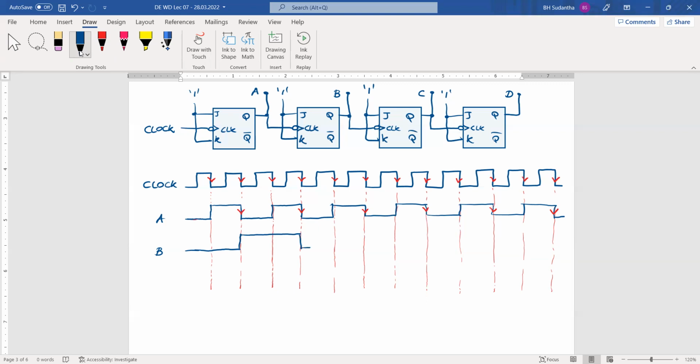There it changes back to 0, and it goes like this. Then we can draw C by considering B.